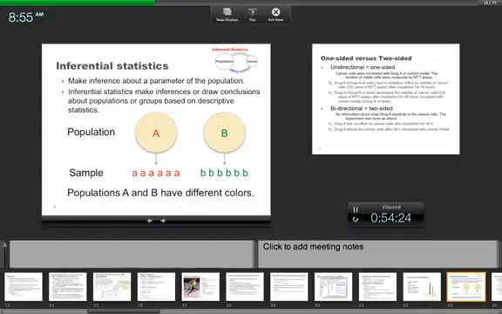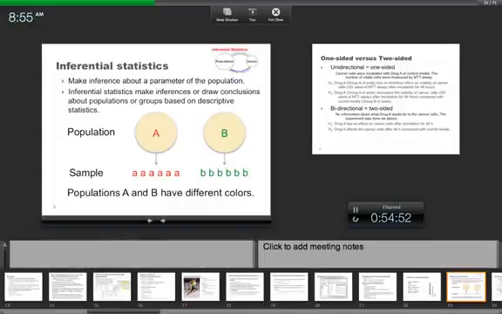And what is inferential statistics? It's about making inferences about the parameters of the population. Inferential statistics make inferences and conclusions about the population and groups based on the descriptive statistics. So for example, we have a population A and a population B here, and we want to draw a conclusion.